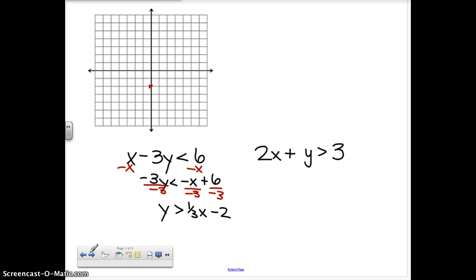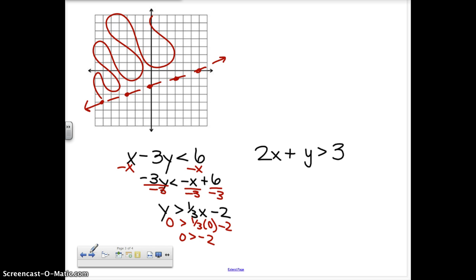Here's minus 2. Rise 1, run 3. Can work backwards. Follow that pattern. Dashed line. Get your testing of 0, 0 on. Is 0 greater than -2? Yep, you bet. That's this region. Okay?